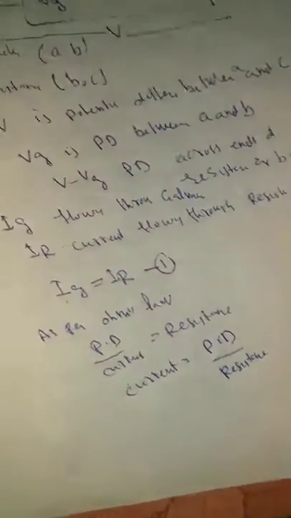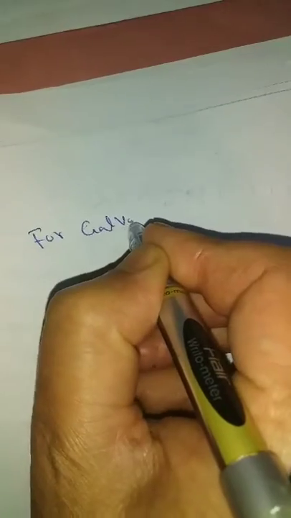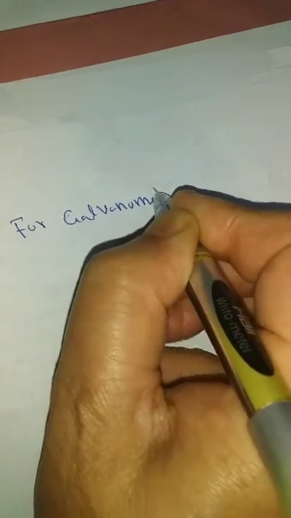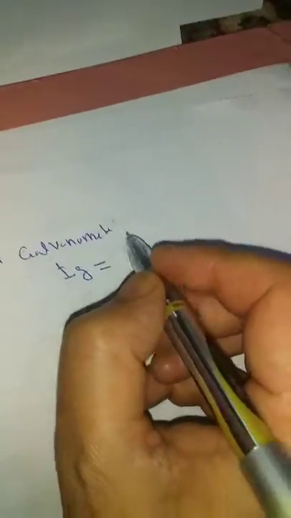For the galvanometer, what is the current flowing through the galvanometer? That is Ig. Ig is equal to potential difference divided by resistance. The potential difference of the galvanometer is called Vg.